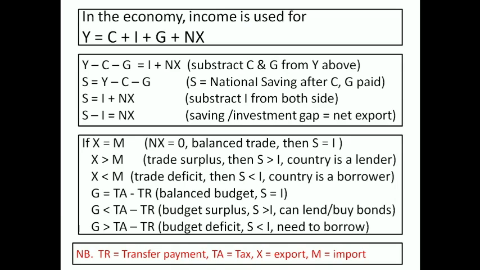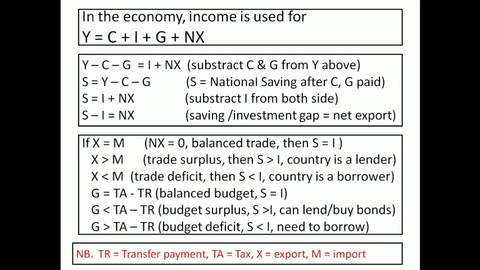In the economy, the income can be used for consumption, investment, or government spending. So when we subtract from the aggregate output the consumption and government expenditure, we are left with investment and net exports.